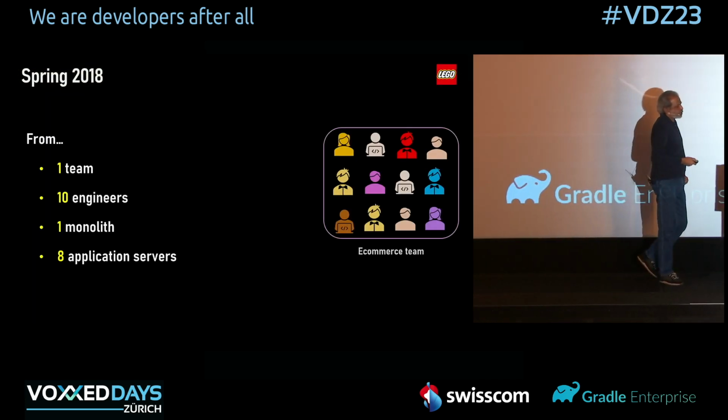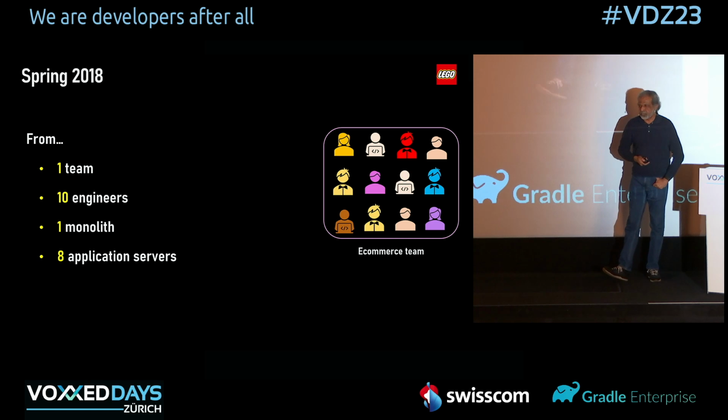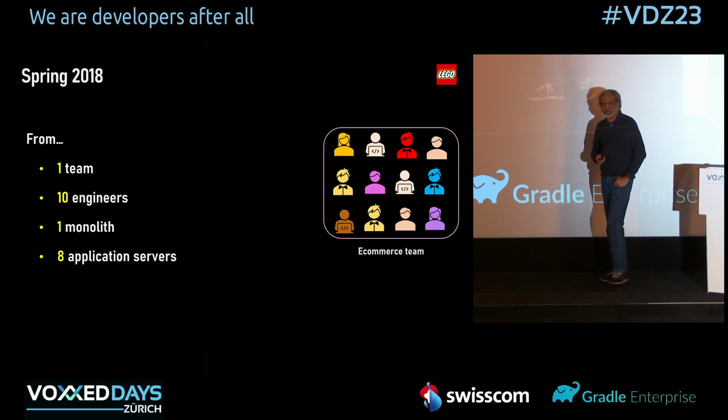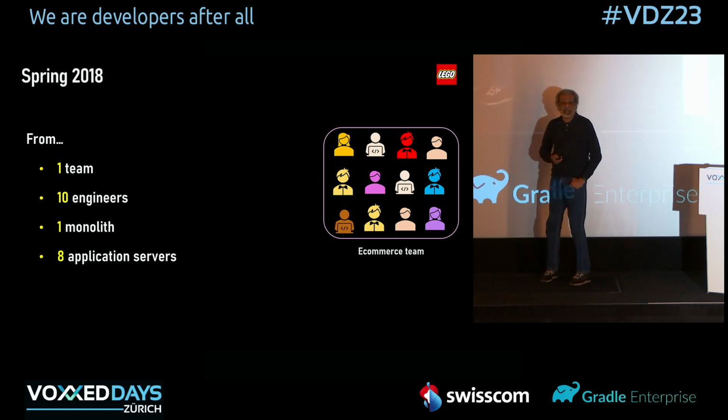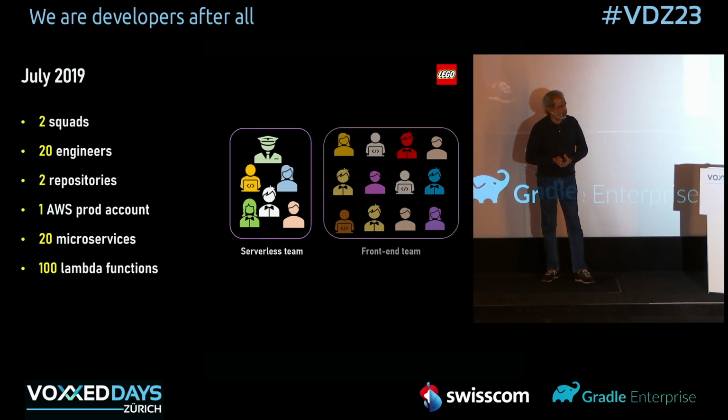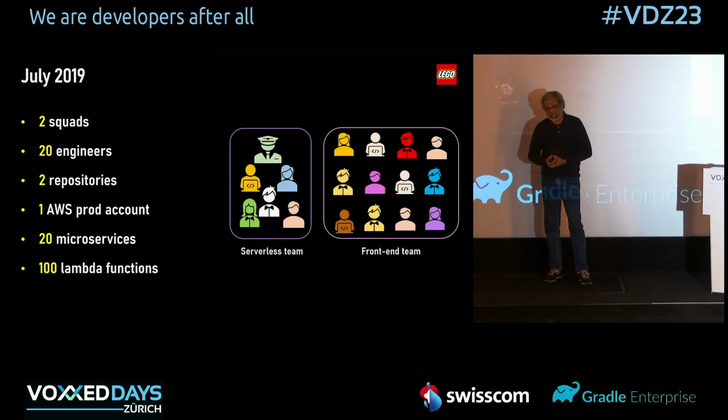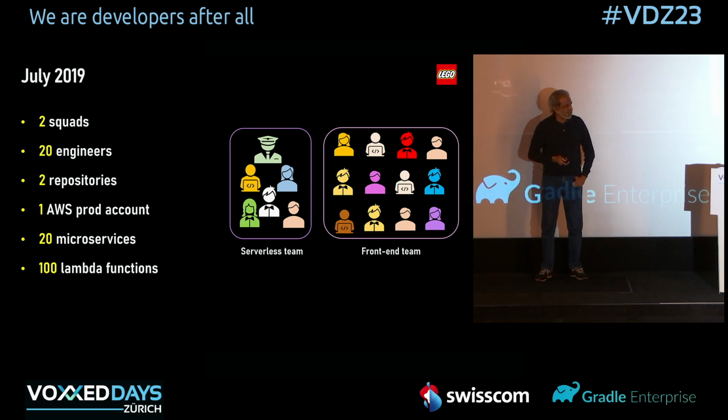Now, this was back in 2018 when we started the whole journey. And by the time we moved things over to serverless, we had typically two teams, the backend and the front end split. And from there on, things changed. I'll talk about that in a few slides.